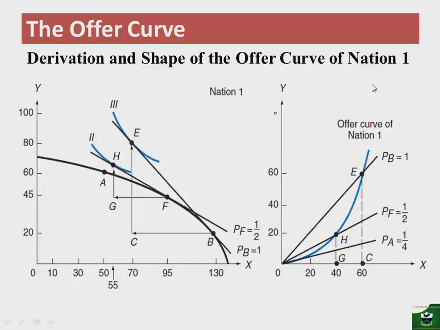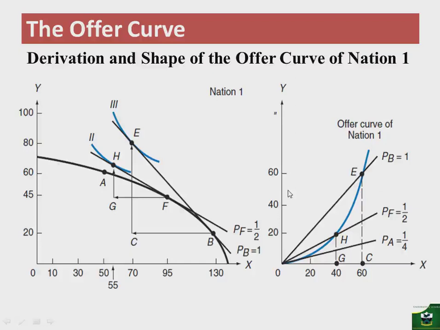Now, recall that the domestic relative commodity price for Nation 1 is the reciprocal of the domestic relative commodity price for Nation 2. Therefore, on the other side of the line passing through the middle, which is equal to 1, we have the offer curve for Nation 2.